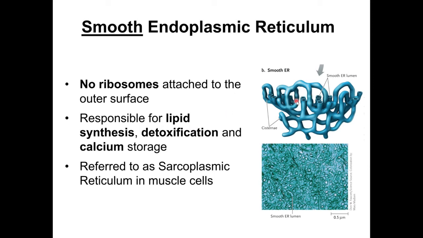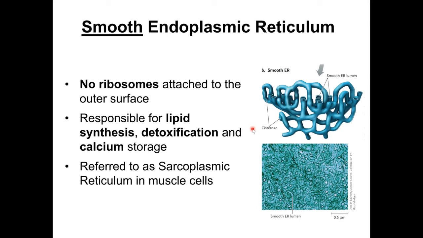There are a lot of enzymes inside there that degrade, for example, ethanol, and basically in all cells, it's important for calcium storage. The concentration of calcium inside these pipes is 1,000 times higher than in the cytoplasm, because calcium is actually pumped in and released depending on the status of the cell.